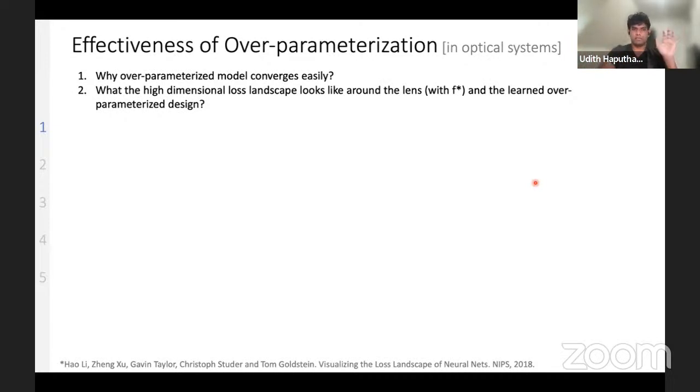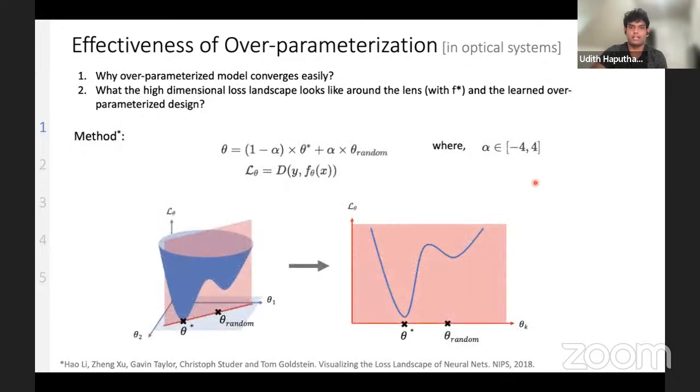But there are some previous works that worked around this problem, and they have a method. It is nothing fancy. Let's say we have a loss landscape which has theta 1, theta 2, the learned parameters, and L theta is the loss.